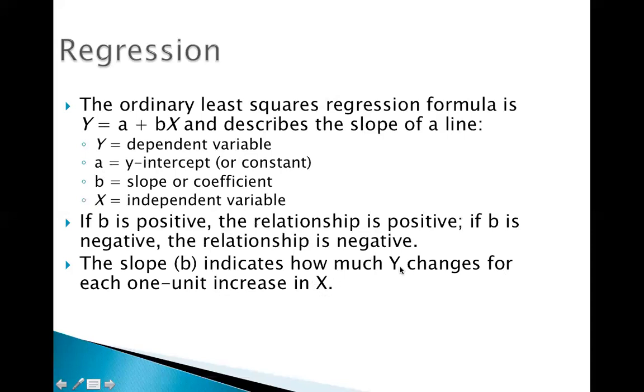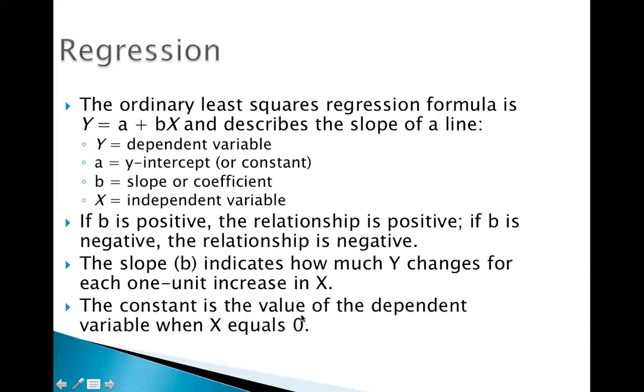How much does the dependent variable change for that? And hopefully that will make more sense when we go through some examples. But I think at this point it's important to note that the beta as the slope allows us to speak to both the direction of the relationship and the size of the relationship between the two variables.